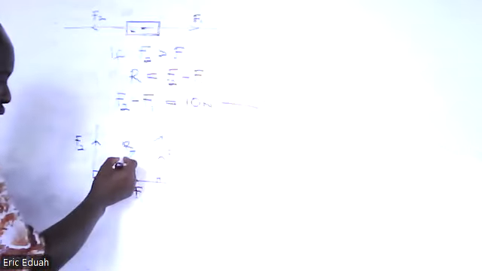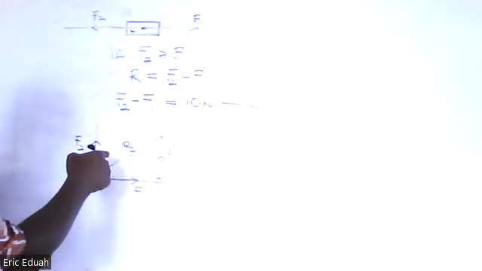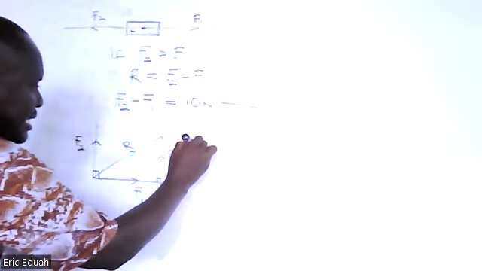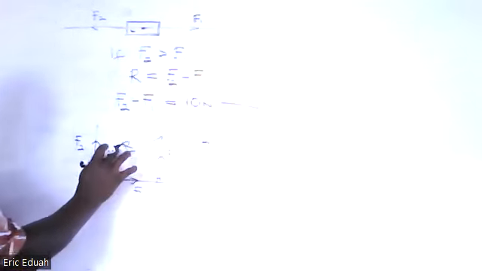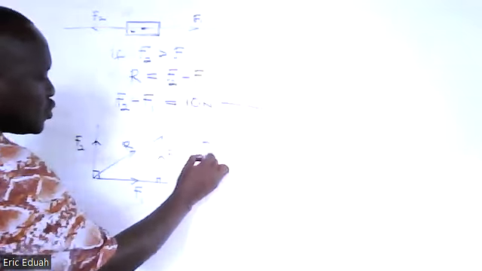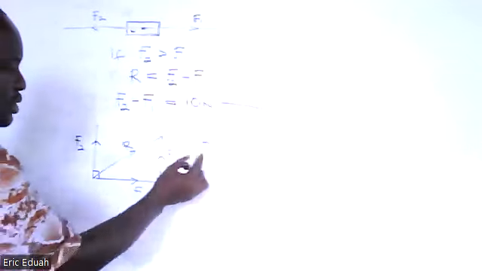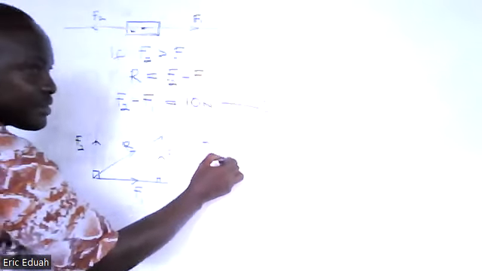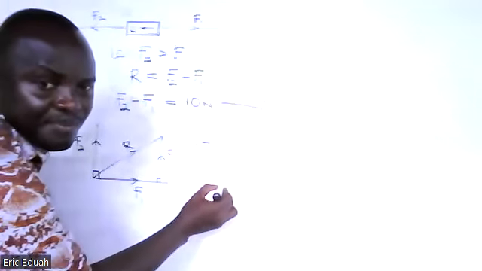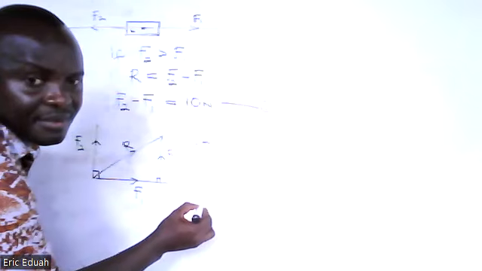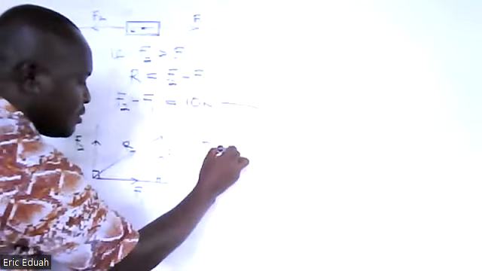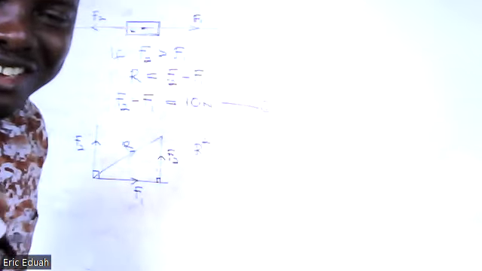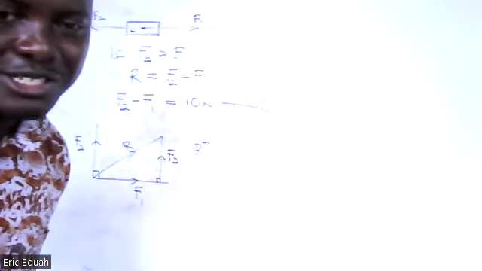So from this, we apply Pythagoras theorem. The square of the resultant must be equal to, help me, the square of F1 plus the square of F2. Exactly, Pythagoras theorem.